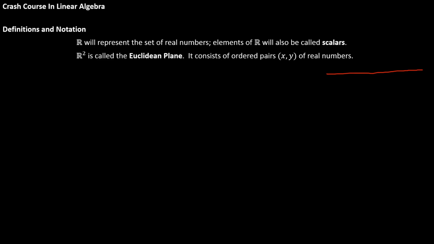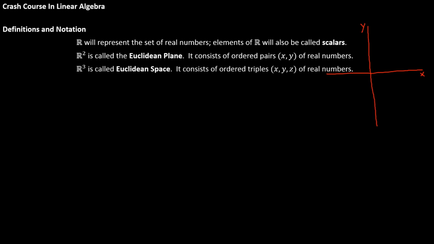The definition of R2 is the set of all ordered pairs of real numbers, and it's visualized with two axes, which gives you a plane. We often call the first coordinate x, the second coordinate y, and then each pair x, y can be visualized as a point on this plane.